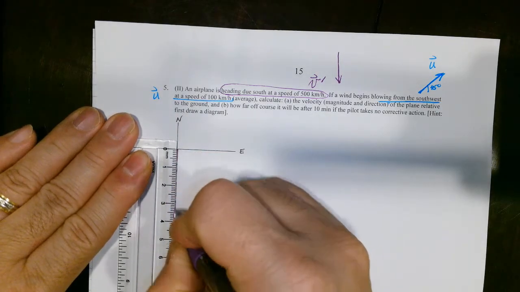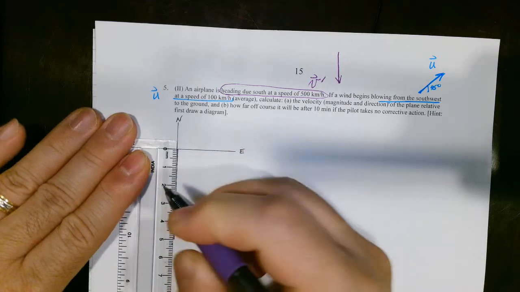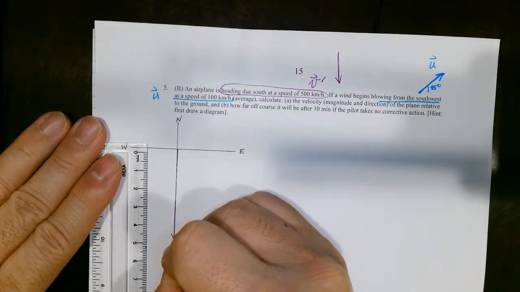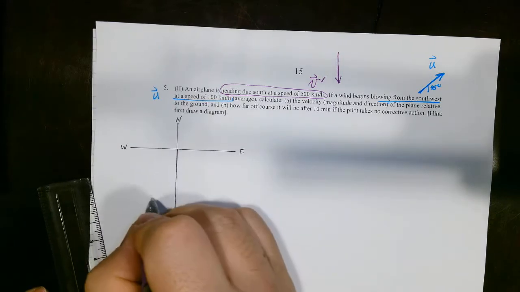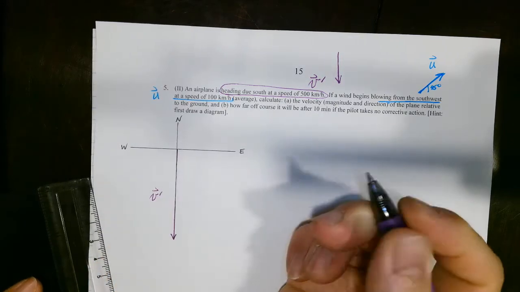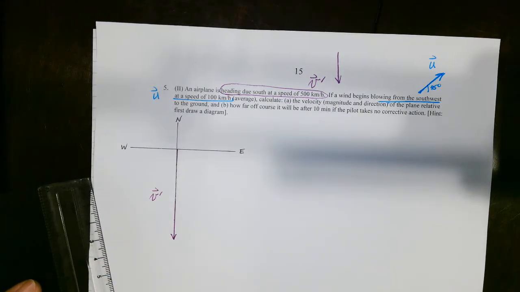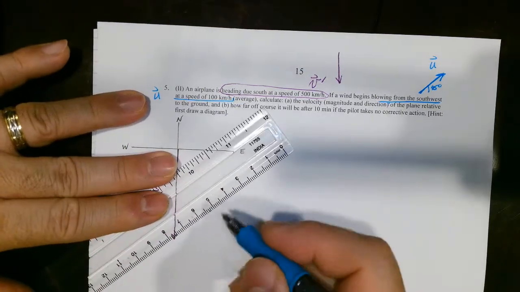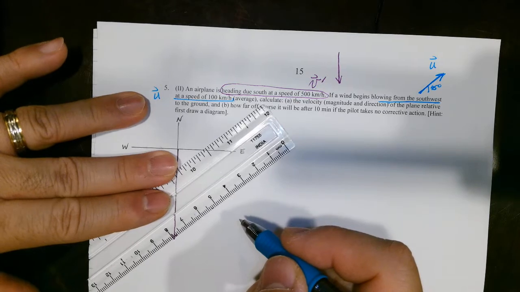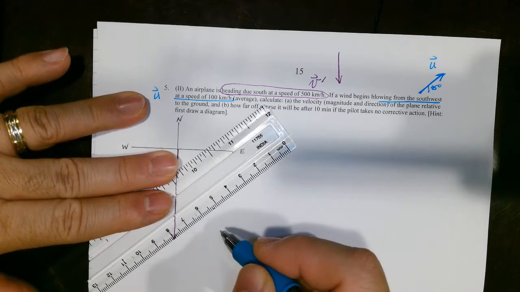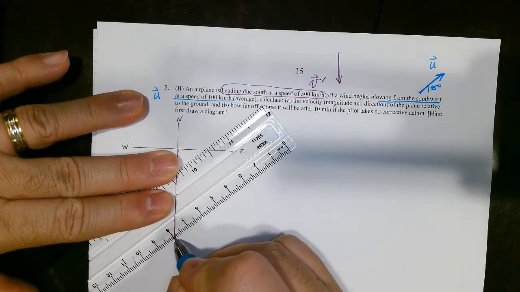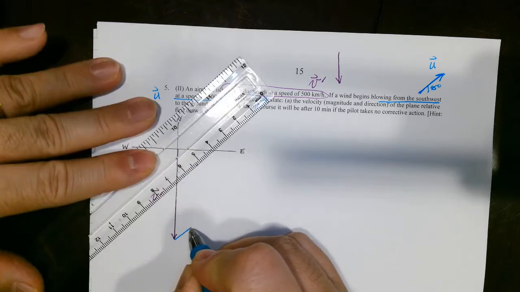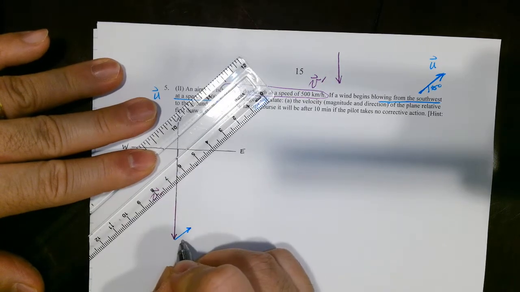Then in that case, this is your V prime. And 45 degrees towards, now I'm just eyeballing this, so I'm not doing this exact. It's 100 kilometers per hour, so it is only 1 centimeter this way. So this is my U.